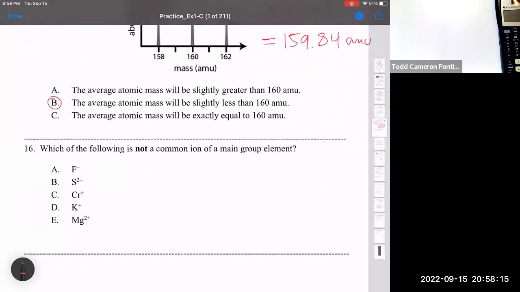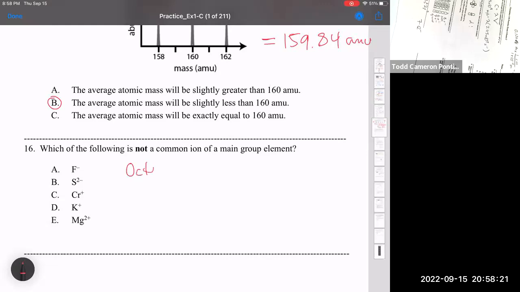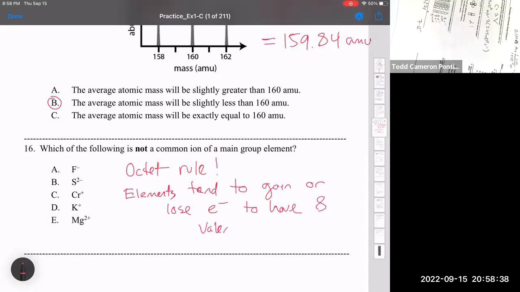Which of the following is not a common ion of the main group element? This involves the octet rule. Elements tend to gain or lose electrons to have 8 valence electrons.